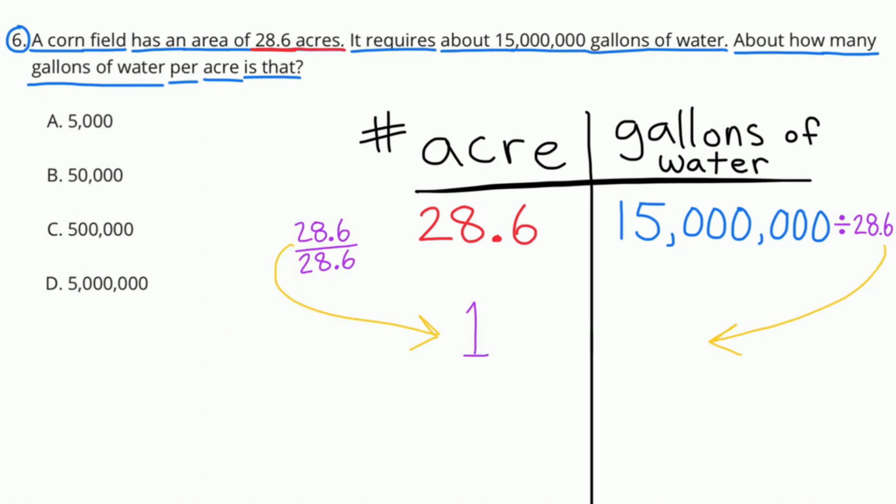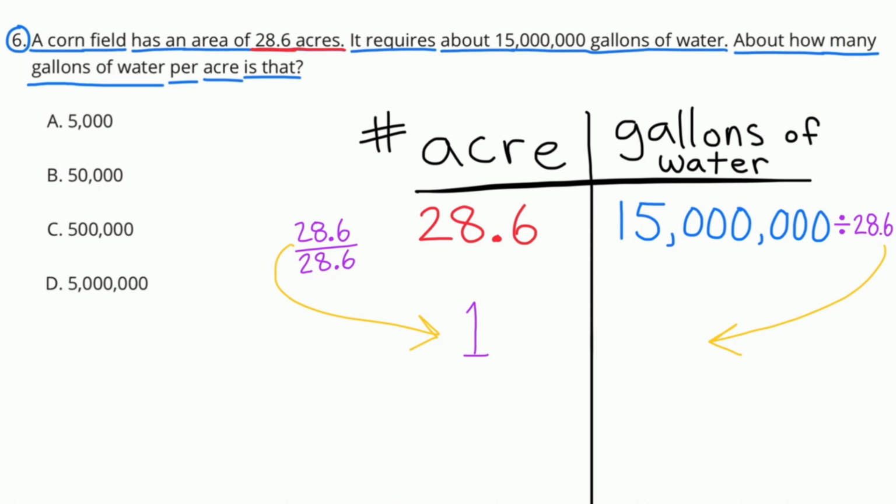Since I'd like to know how many gallons of water per acre, I want to get this down to just 1 acre. So 28 6/10 acres divided by 28 6/10 equals 1. So I need to divide 15 million by 28 6/10.